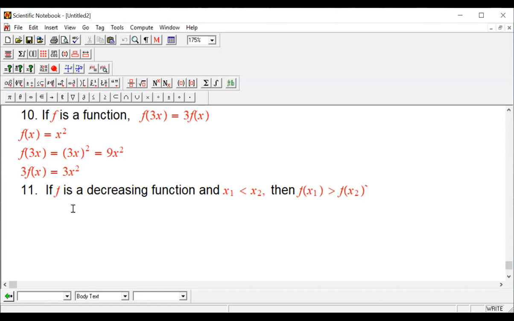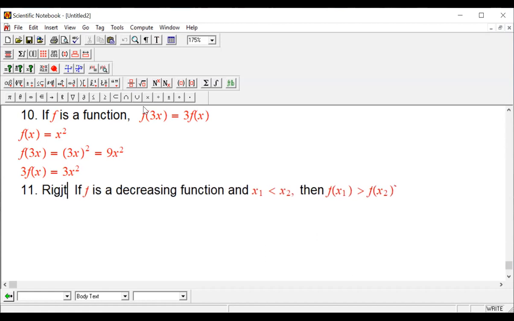Okay, this is the definition of a decreasing function. So this is right.